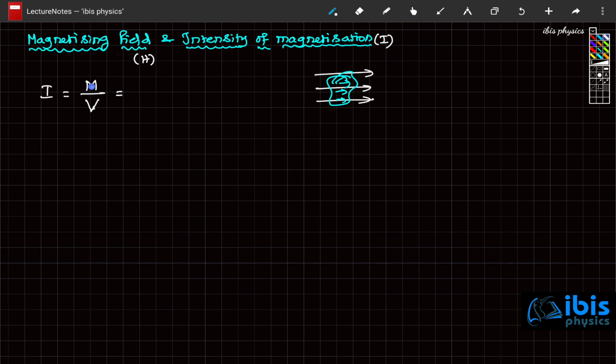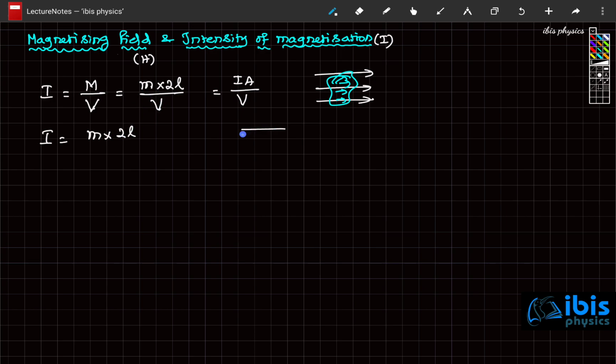So we know that magnetic moment is magnetic pole strength into 2L, or we can also write current into area, divided by volume. And we can also write intensity of magnetization as pole strength into 2L over volume.